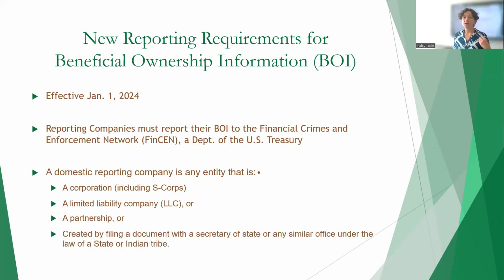It is that businesses, which domestic reporting companies is the term that they're using, must report their BOI, their beneficial ownership information, which we'll get into what that is, to FinCEN, which is the Financial Crimes Enforcement Network. And it is part of the Department of the US Treasury.